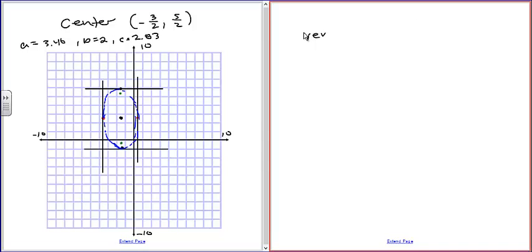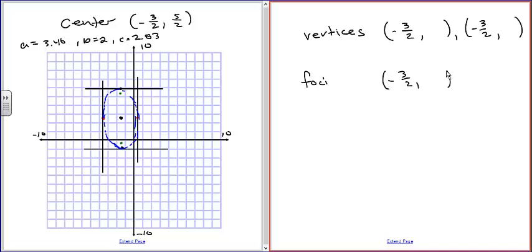So the vertices, you can see the vertices and the focal points are going to be along this vertical line, which is, vertical lines are x equals something. So we get -3/2 for these, and we'll get the same thing for the foci. So it's -3/2, comma something.